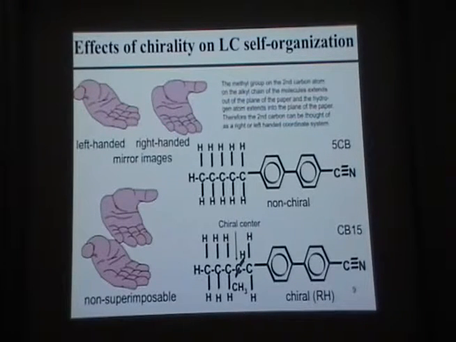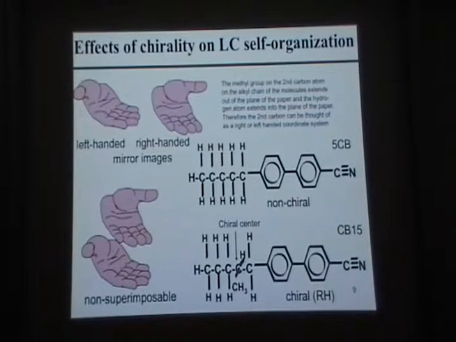And the reason why it's so simple, why they assemble, is because, as I mentioned already, the molecules of liquid crystal in this case lack the mirror symmetry. Right? Our hands, for example, are chiral, so you wouldn't be able to superimpose a mirror image of the hand with itself.